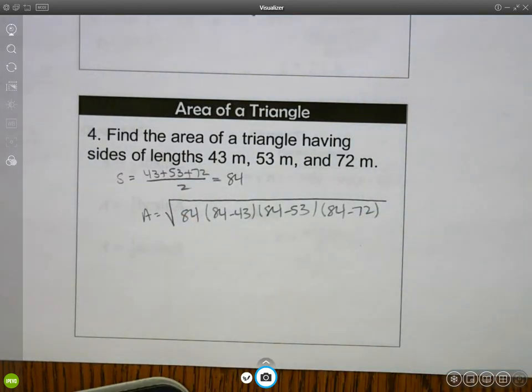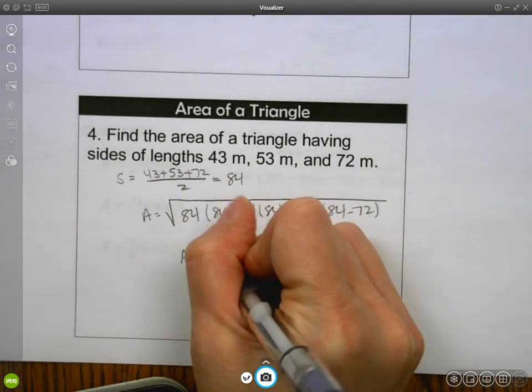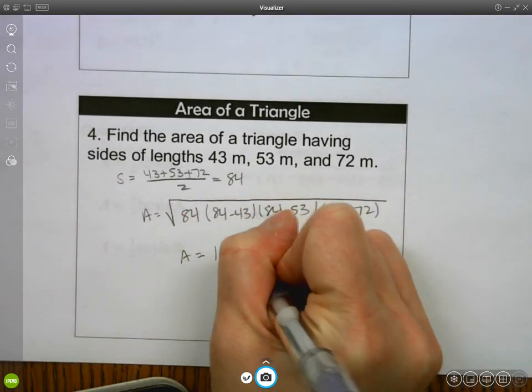Typing all of that in the calculator, we get an area of 1,131.9.